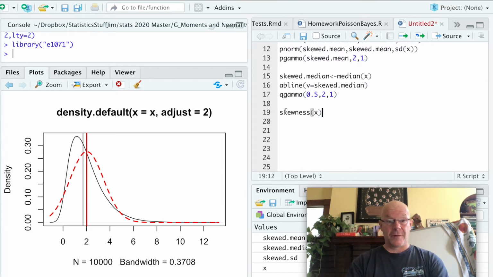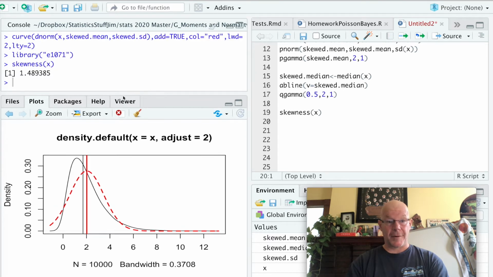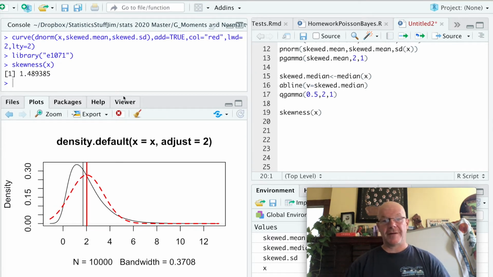We can go ahead and run that function, and we get a number. We don't need to worry about the details here, but you'll see that it's a positive number. And a positive number is telling us that our data are positively skewed, or we could think of that as being right skewed, because the right-hand side of this distribution has a longer tail than the left side.